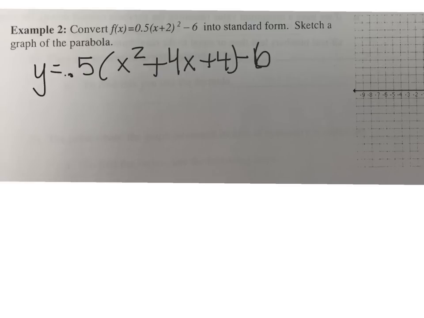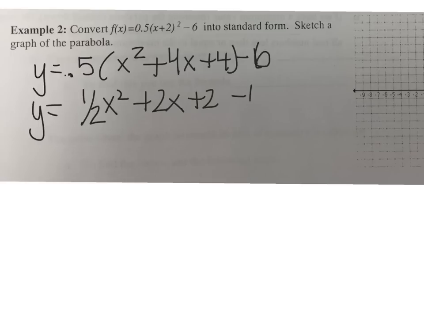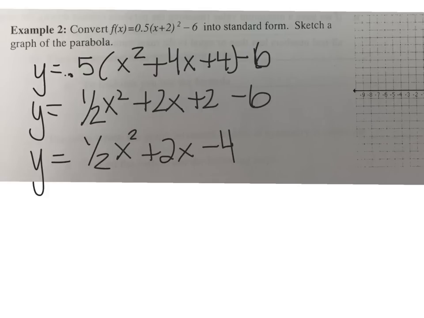And then I have to distribute my 1/2 in, so y is going to equal 1/2 or 0.5 x squared plus 2x plus 2 minus 6. And then y equals 1/2 x squared plus 2x minus 4. Well, so now we know some really cool things.